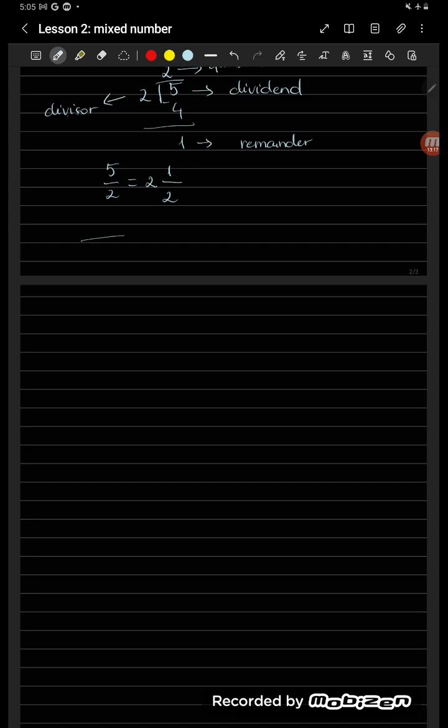Okay, so let's take another example. Let's say 23 over 13. In this case 23 is greater than 13. The numerator is greater than the denominator.